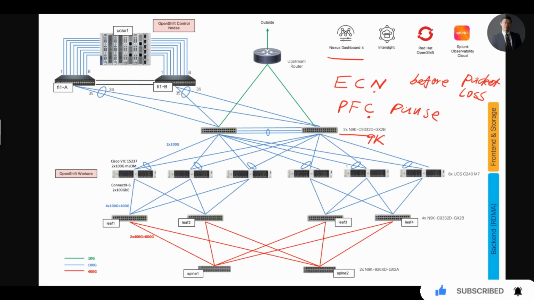These two together form the Data Center Quantized Congestion Notification, DCQCN. This is a mechanism designed for the RoCE network.